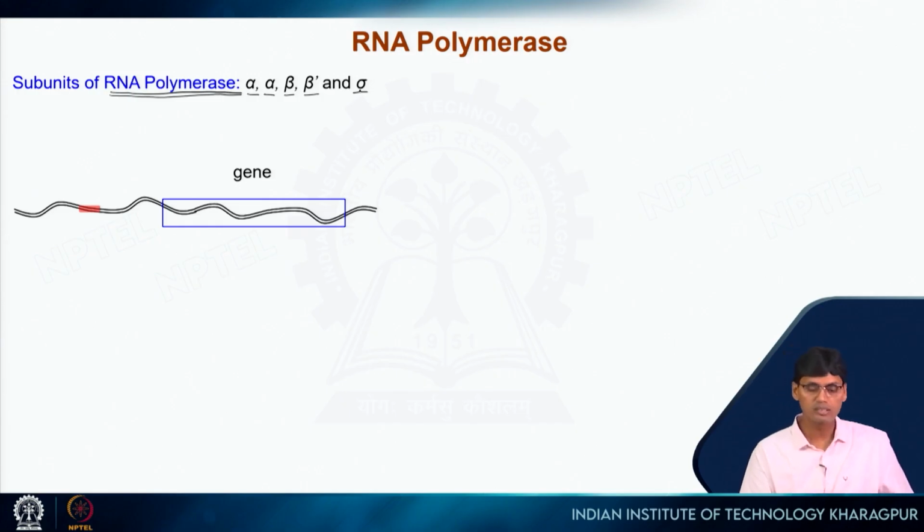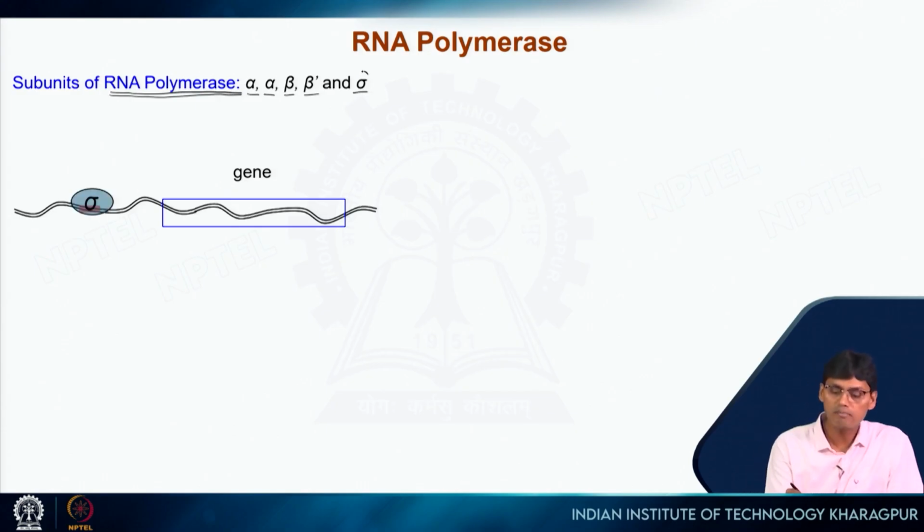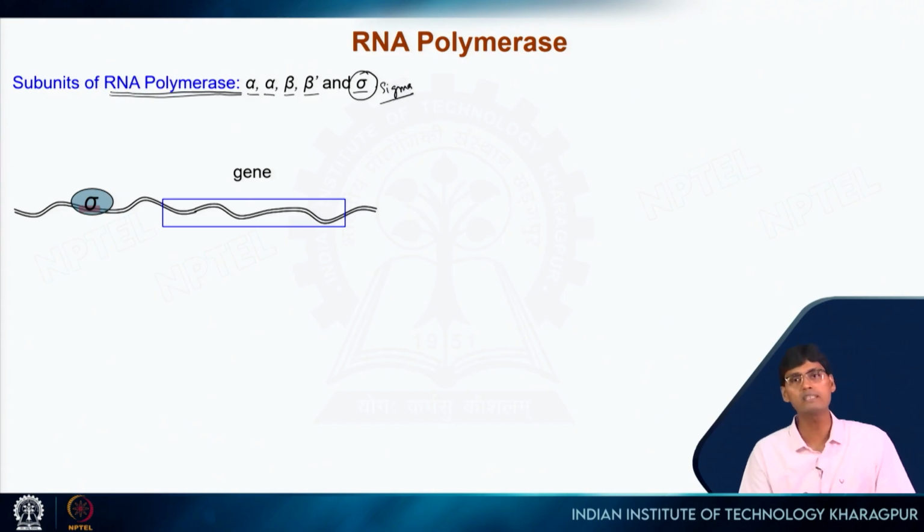Now, I mentioned that RNA polymerase gets recruited to the promoter site. How? If we see the sigma subunit of RNA polymerase, it first recognizes the promoter sequence.